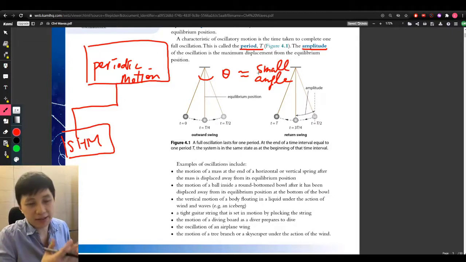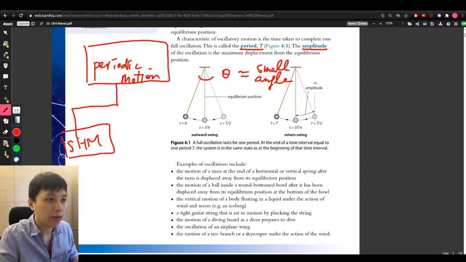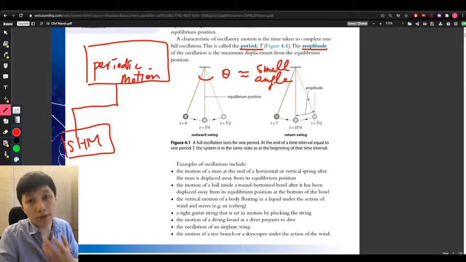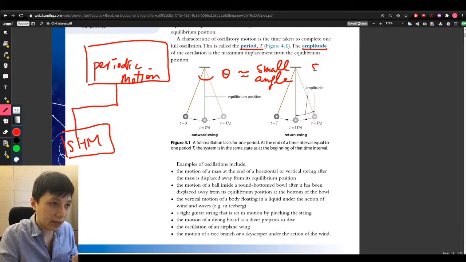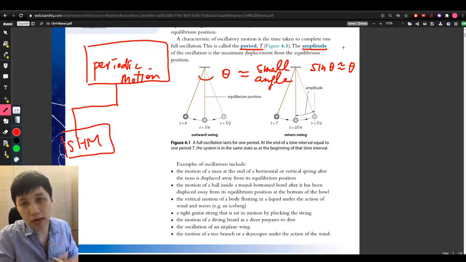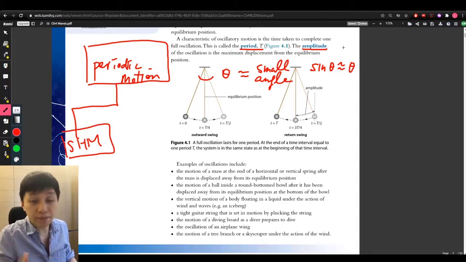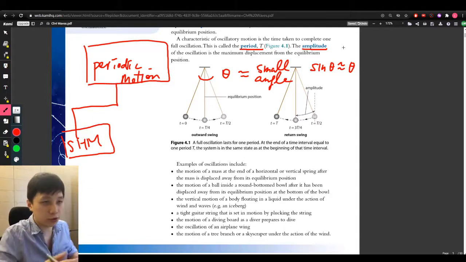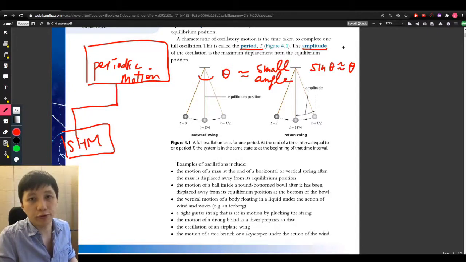The main reason is something to do with the mathematics itself: if you know the small angle approximation, in that case sine theta will be approximately equal to theta in radians. Then in this case we can mathematically prove that it is simple harmonic motion. However, if the angle is bigger than the so-called small angle, which is maybe greater than 10 degrees, then you should not be treating it as simple harmonic motion. You can only treat it as periodic motion.